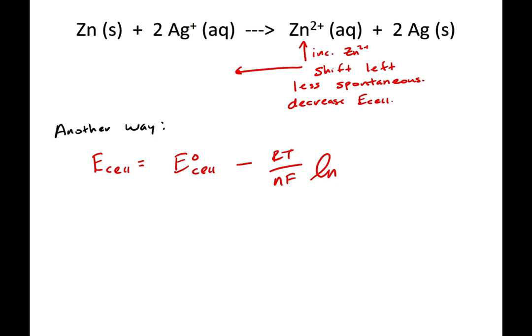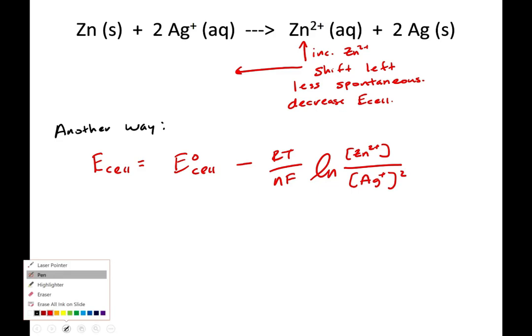For the product side of the equation, we have zinc 2 plus, and coefficient is 1, so raise it to the first power. We also have Ag solid, but solids don't count, so don't put that in there. Divide by reactants. For the reactants, we have zinc solid, that doesn't count, but then we have Ag plus aqueous, that does count. Ag plus, the coefficient is 2, so make sure to square it.